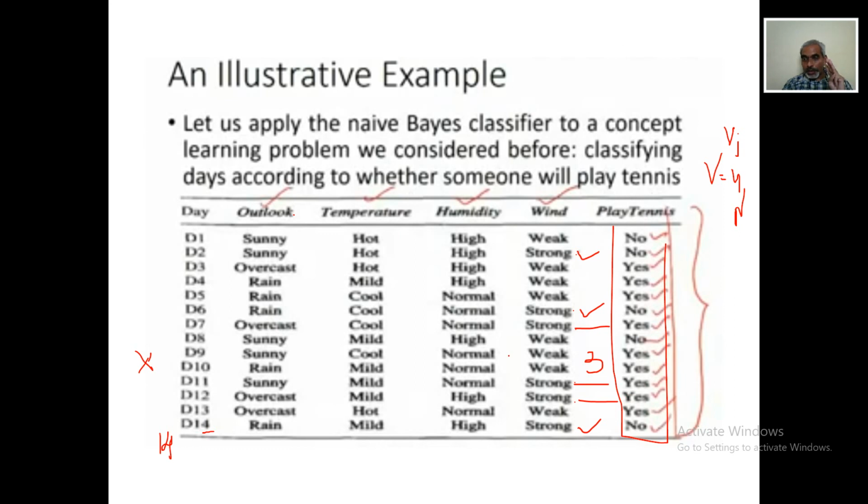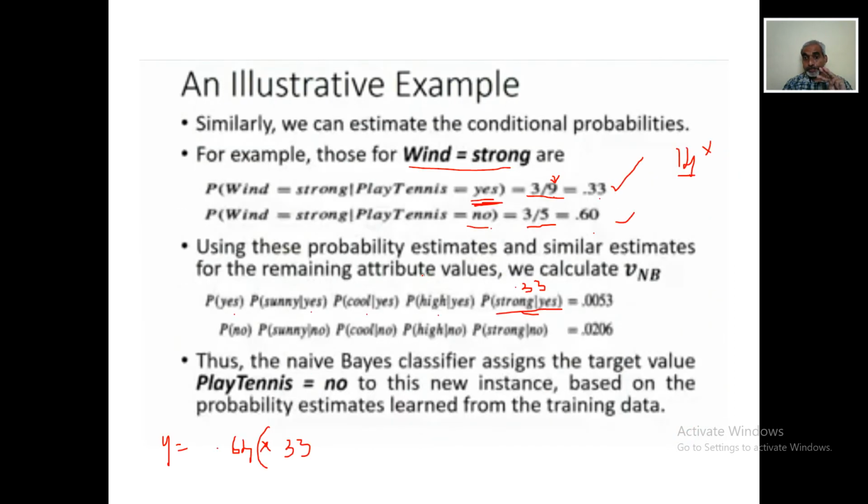So 3 divided by how many times yes is there in your example? 9 times. So again that is 3 divided by 9. Like that for the remaining attributes you calculate the probabilities.